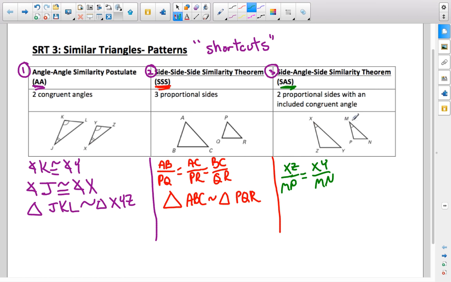Okay, and that would be the included angle. If I'm looking at this side and that side, X is the included angle, and if I look at MP and MN, angle M is the included angle. And if those two fractions are the same, then I know triangle XYZ is similar to triangle MNP. Only three shortcuts, AA, SSS, and SAS.